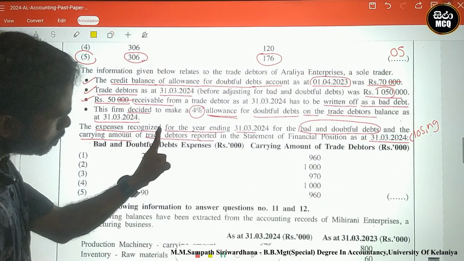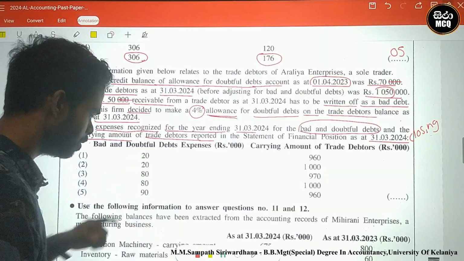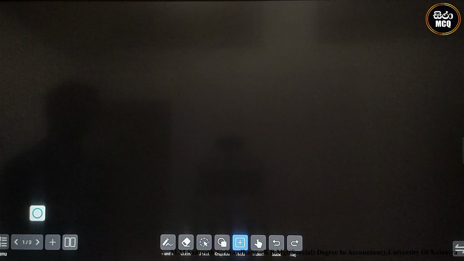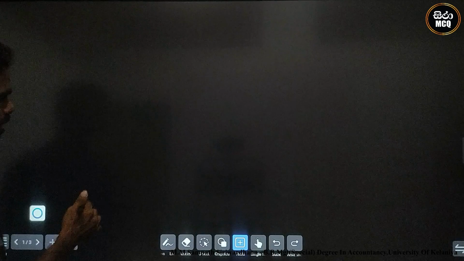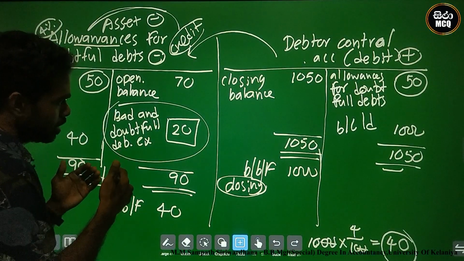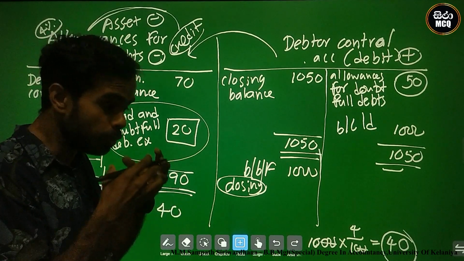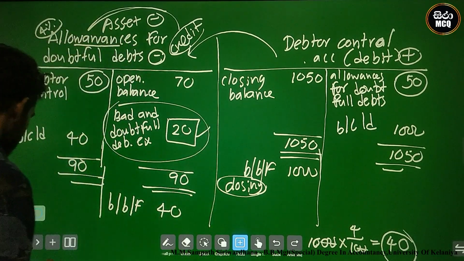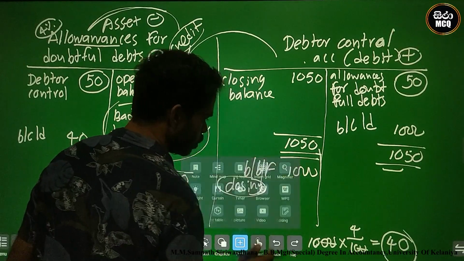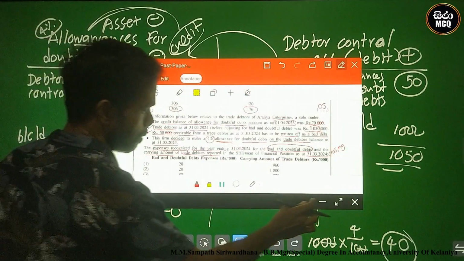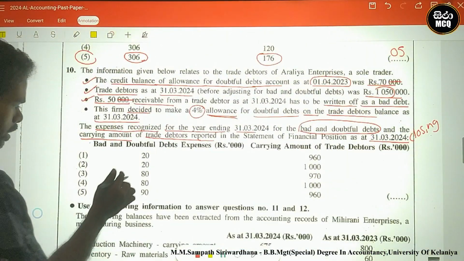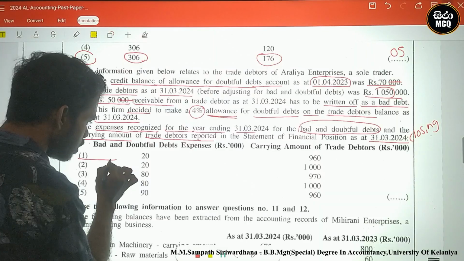Bad and doubtful debt expense. Which amount? 20. This means the newly created doubtful debt expense. Newly created 20. Answer is 20 for expense. There are two answers.